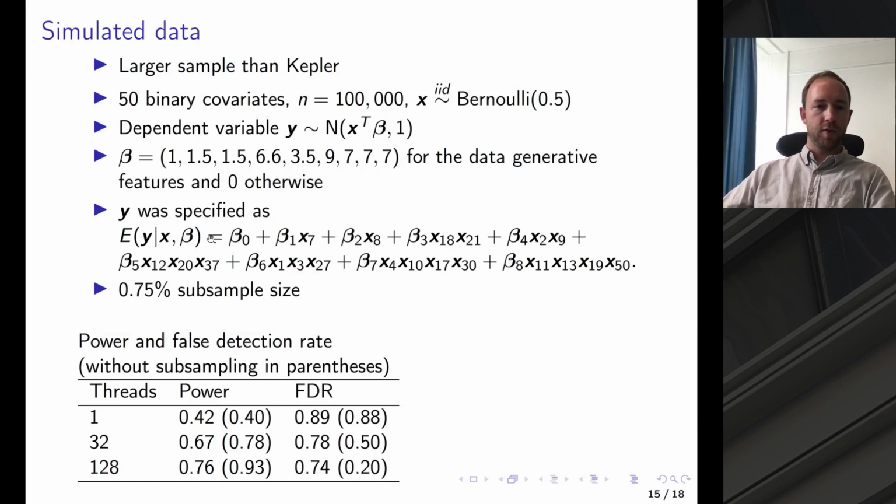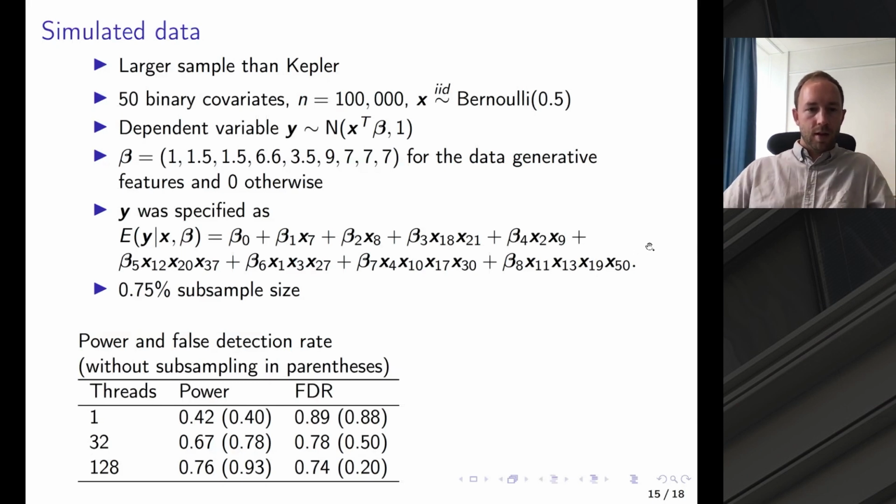And y was specified as this sort of complicated, more so as we get later into the equation, multiplications of the different features. And then we ran this using the time inhomogeneous MCMC and the SIRLS SGD algorithm within GMJ MCMC, and we calculated the power and the false detection rate. We can see here the results with subsampling and then the results without subsampling, so using the full sample.